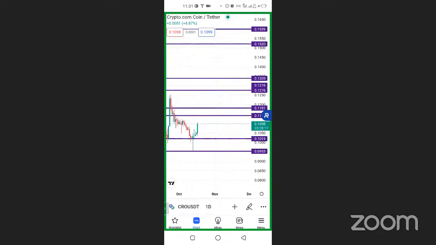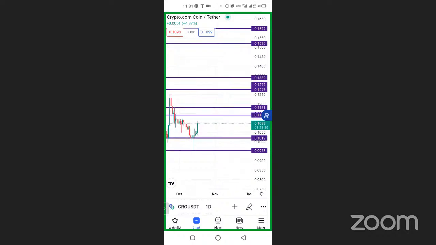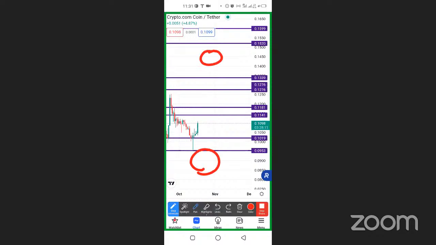It will get there as a must. Let me remove this. It will get to this price. You can sell at this price, 0.41. It will get there, it doesn't matter. The market will meander. It might reach here, come down, but it will touch that line.